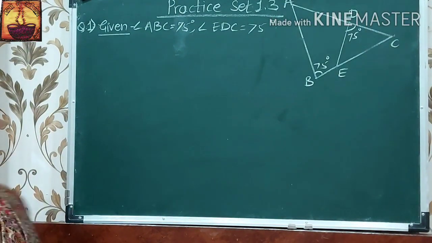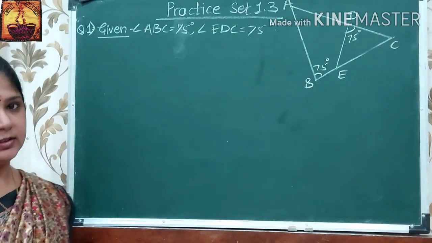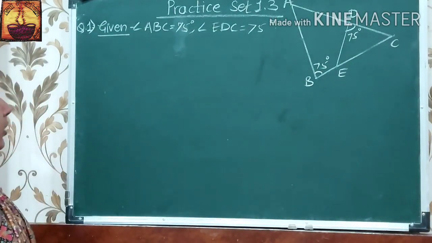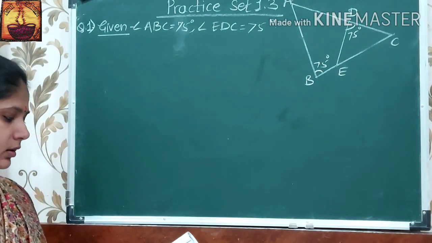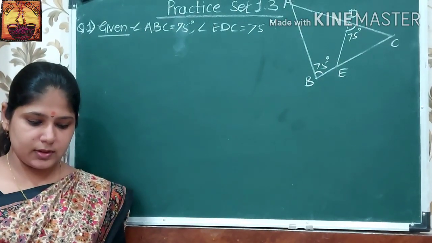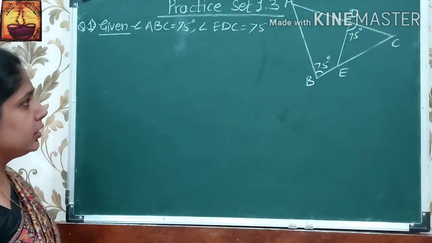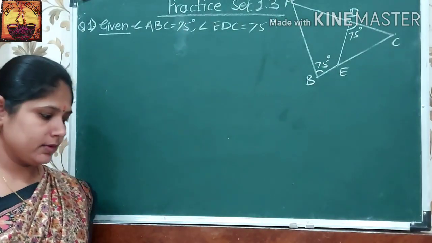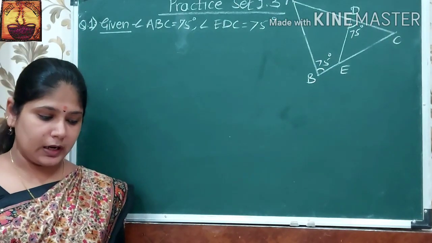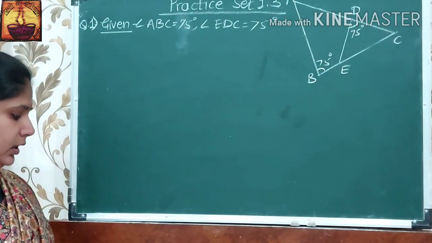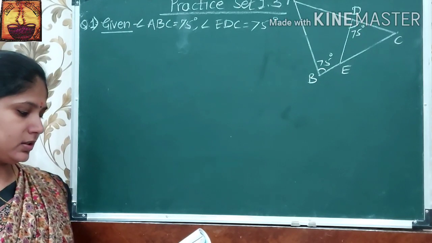Now let us see practice set 1.3. Your first question is, in figure, angle ABC is equal to 75 degree, angle EDC is equal to 75 degree. State which two triangles are similar and by which test.